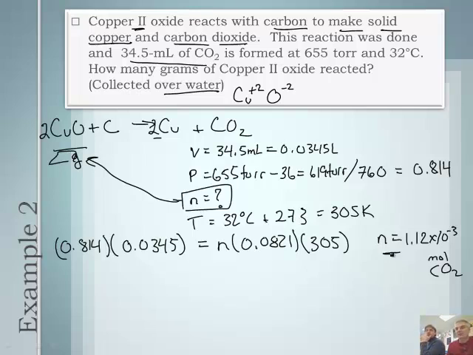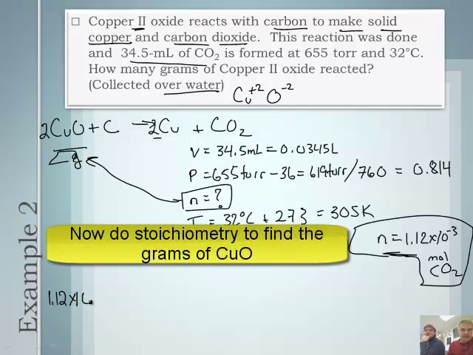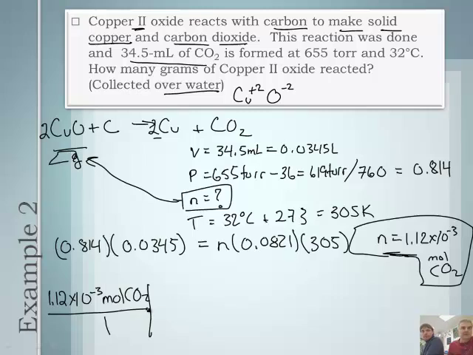This is my starting number for my stoichiometry: 1.12 times 10 to the minus third moles of CO2. Now I want to go from moles of one substance to grams of another.